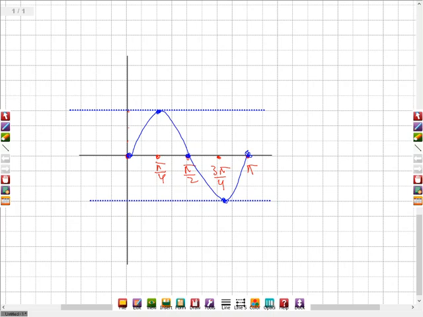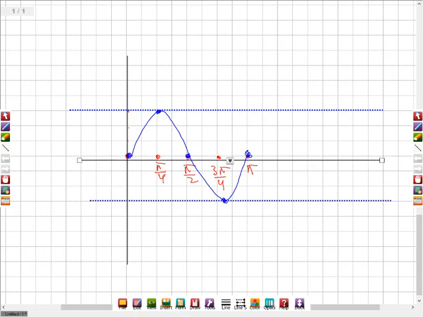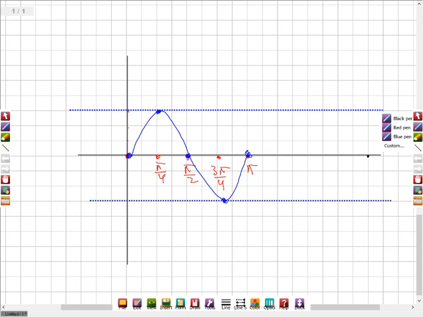Now, what I mean by periodic function, look guys, if you want, you can stop here, but this function keeps going. Extend this here a little bit. I'm going to use a different color to graph it.